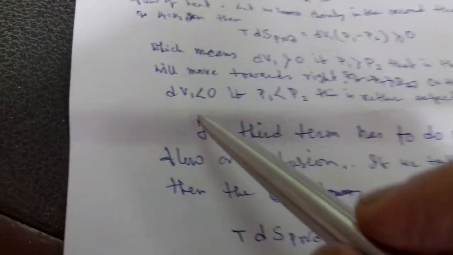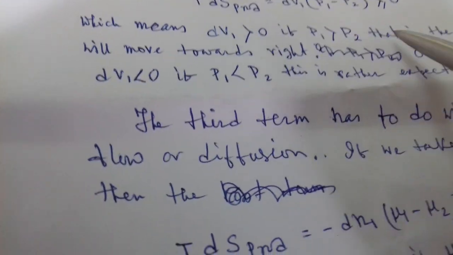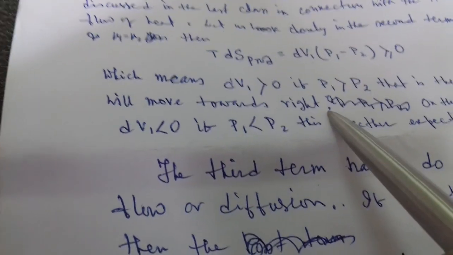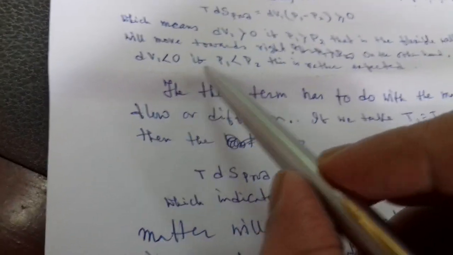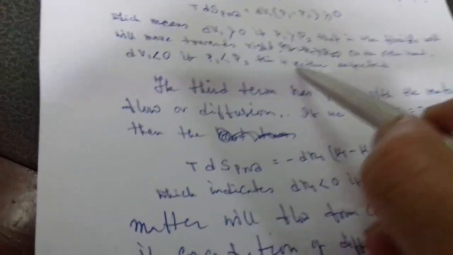So now what does it mean? It means that dV1 is greater than 0 if P1 is greater than P2. That is, the flexible wall will move towards the right. On the other hand, dV1 will be less than 0 if P1 is less than P2, which is rather expected.